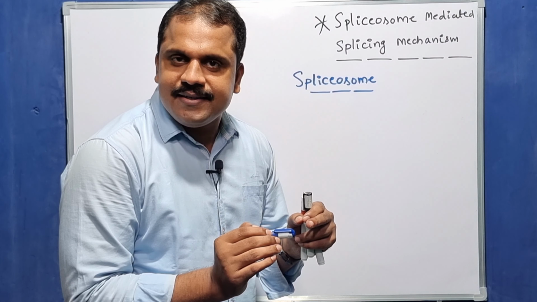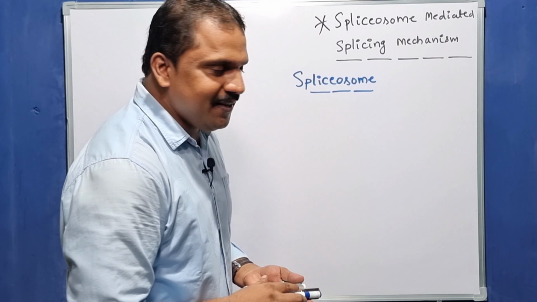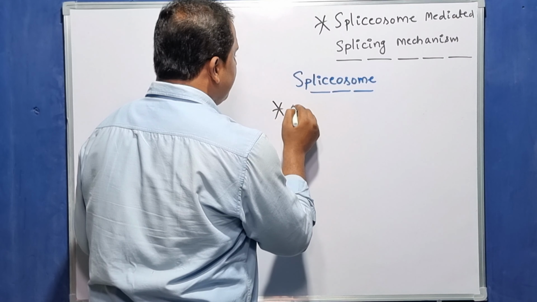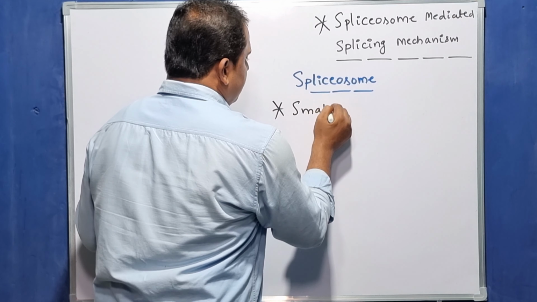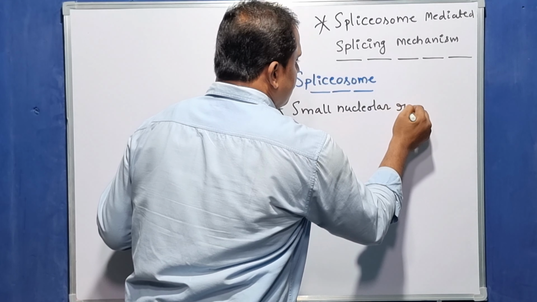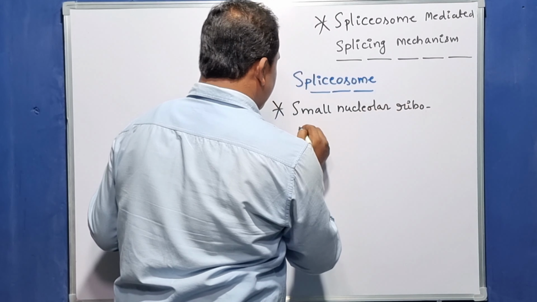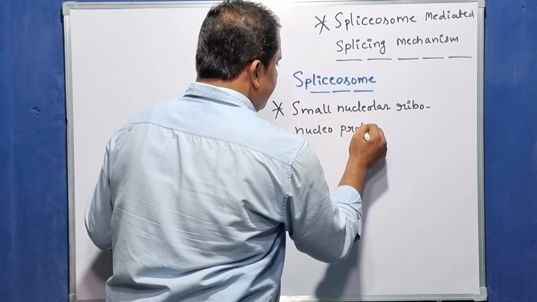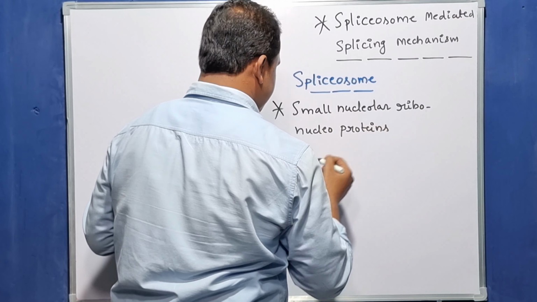So for your better understanding, let me present it on the board. So what are those? Small nuclear ribonucleoproteins, or they are simply termed as snRNPs.